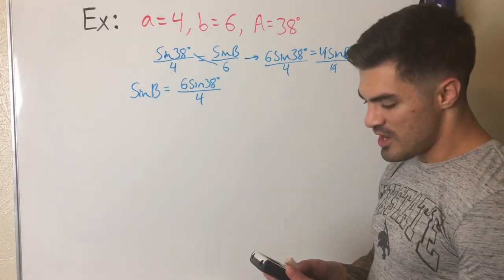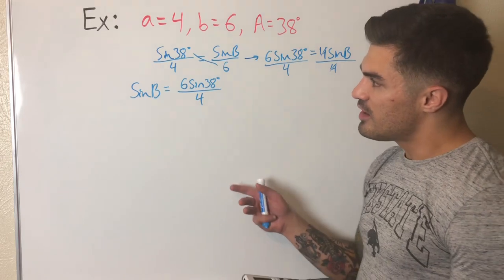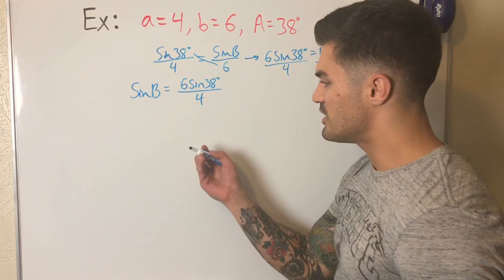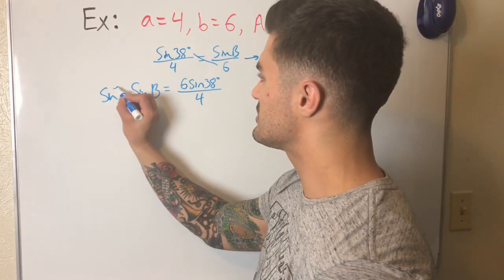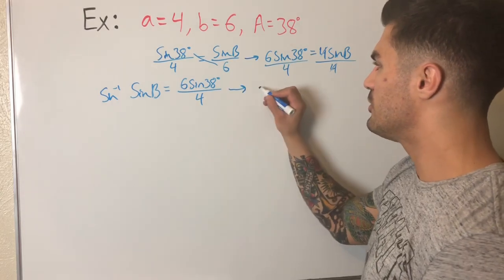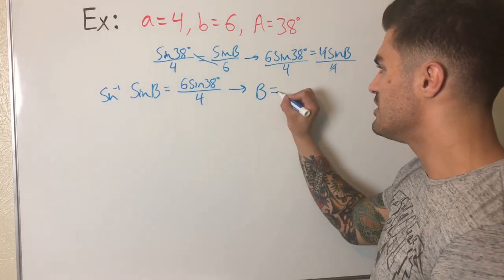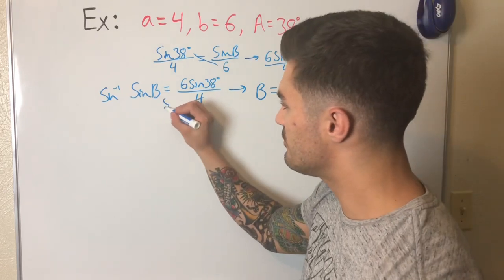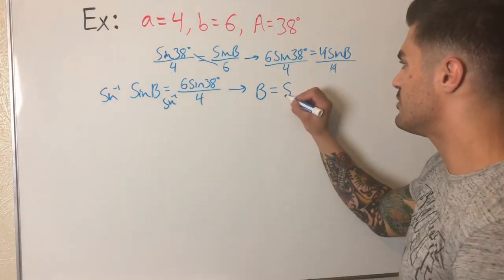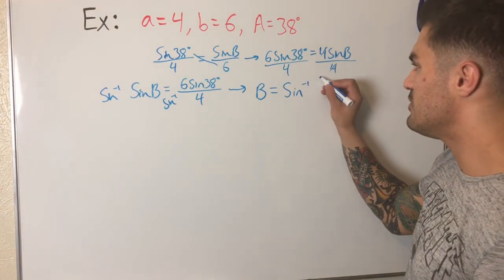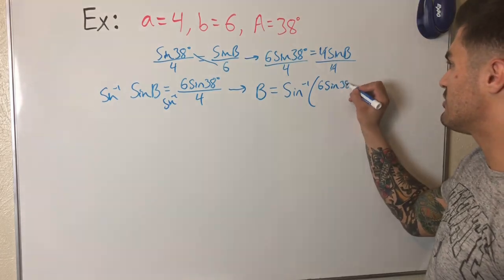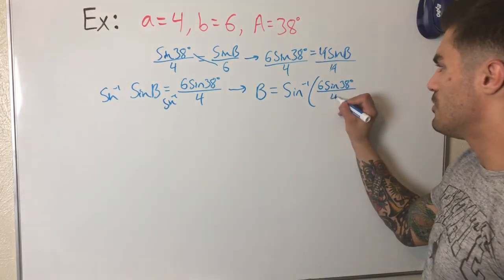Now that I know this is going to work, I take the sine inverse of both sides. Taking the sine inverse of both sides, the sine inverse and sine cancel, so I'm left with angle B equals sine inverse of 6 times sine 38 degrees over 4.